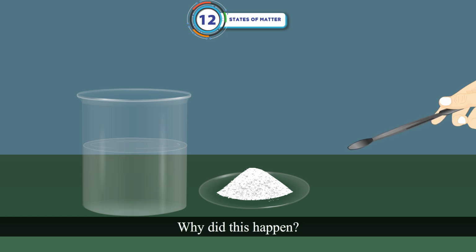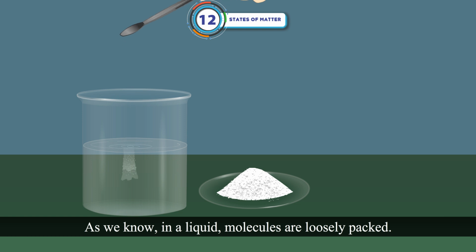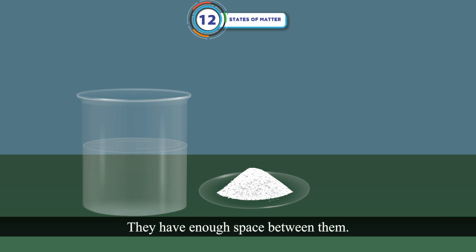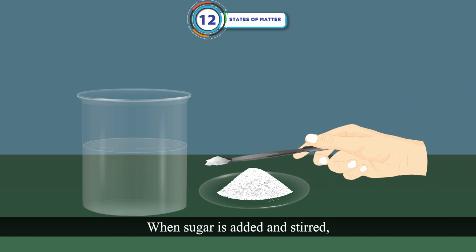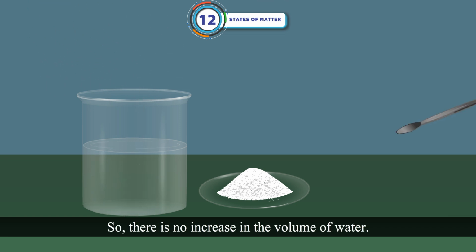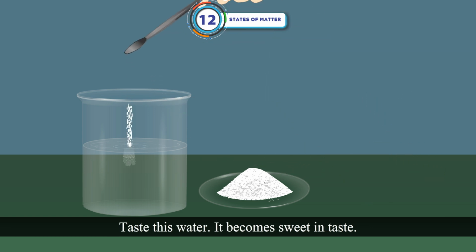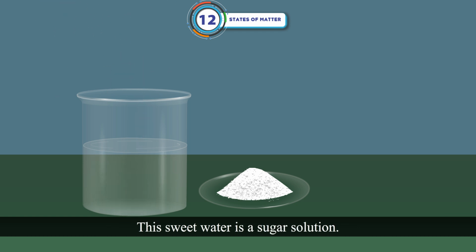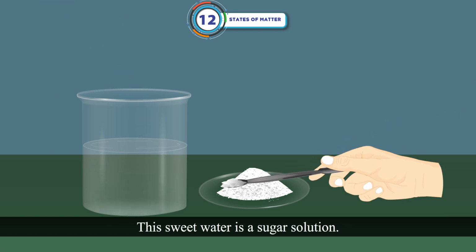Why did this happen? As we know, in a liquid, molecules are loosely packed. They have enough space between them. When sugar is added and stirred, its particles occupy these empty spaces. So there is no increase in the volume of water. Taste this water, it becomes sweet in taste.